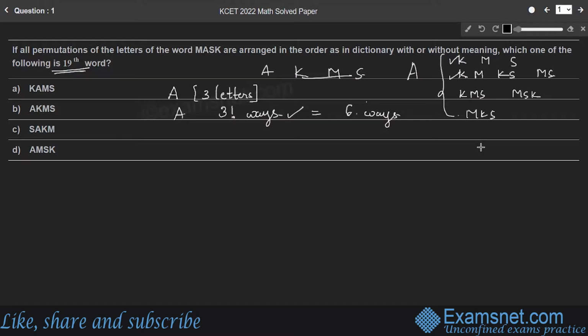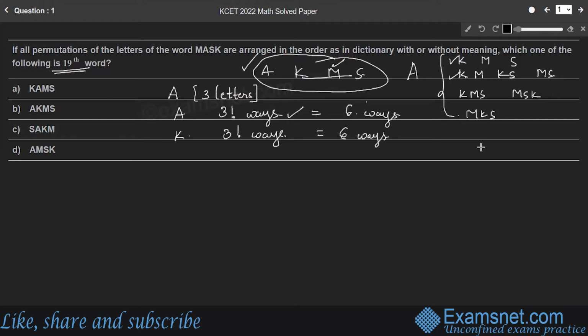In 6 ways these 4 letters can be arranged starting with A, then starting with K. The remaining letters are 3, which can be arranged in factorial 3 ways. So in which K is the first letter, that is 6 ways.